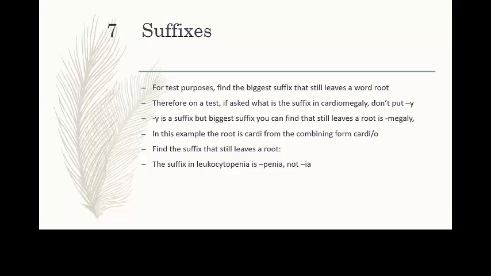So again, if you take the megaly as the suffix, we still have the cardio. So in leukocytopenia, the suffix is penia, not ia. So find the biggest suffix that still leaves a root.